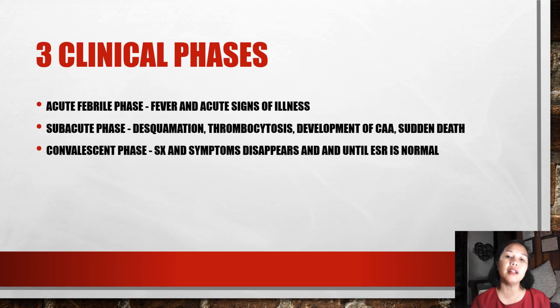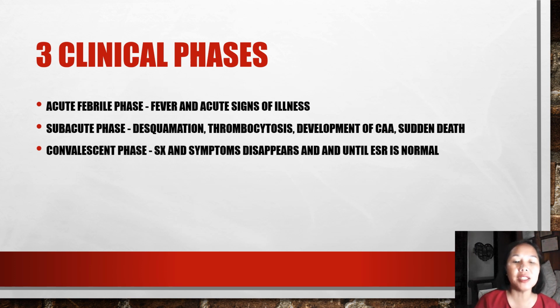There are three clinical phases of Kawasaki disease. The first phase is the acute phase, which is about 1 to 2 weeks. And during this phase is when you have fever and acute signs of illness. The second phase is the subacute phase, which occurs about 10 to 25 days after the onset of fever.